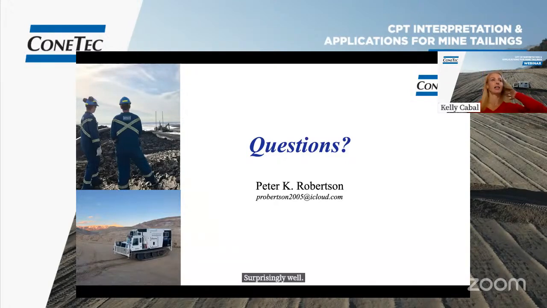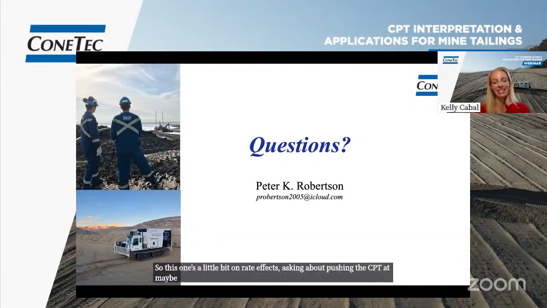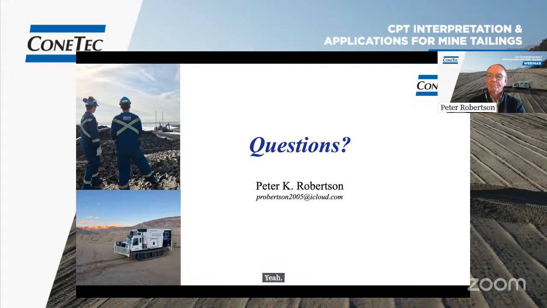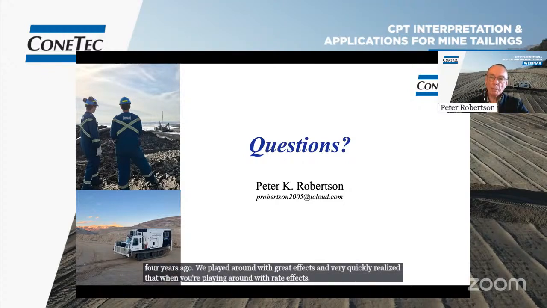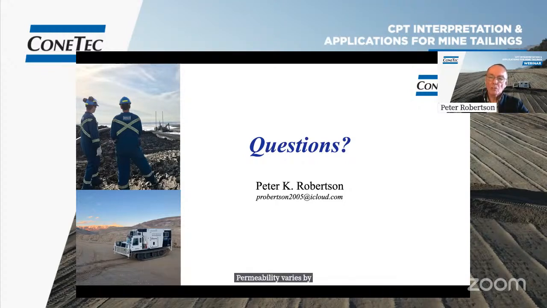So this one's a little bit on rate effect, asking about pushing the CPT at maybe 10 centimeters a second instead of the standard 2 in tailings. Should you change the push rate for different types of tailings? When I did my PhD, which was 44 years ago, we played around with rate effects and very quickly realized that permeability varies by orders of magnitude, so you have to change the rate by orders of magnitude.